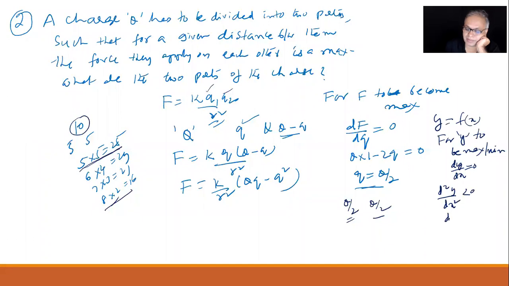If it is minimum, it will be greater than 0. This is maximum minimum in differentiation. All right, Rishita? Yes, sir. This is derivatives in first year maths, but for physics people, I do it even for physics in the beginning.